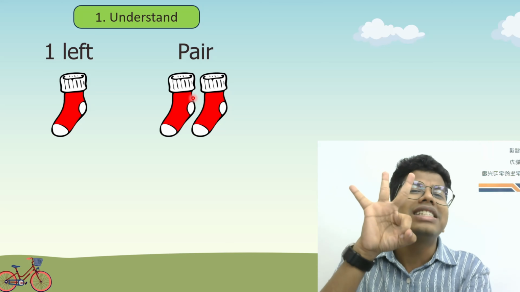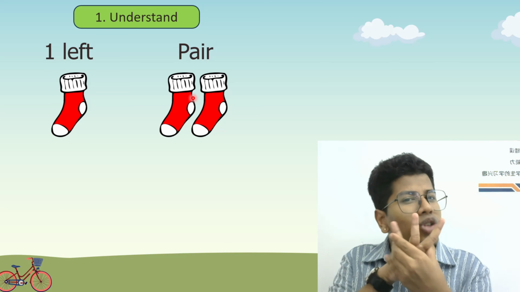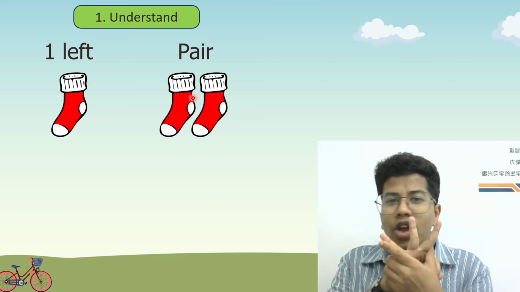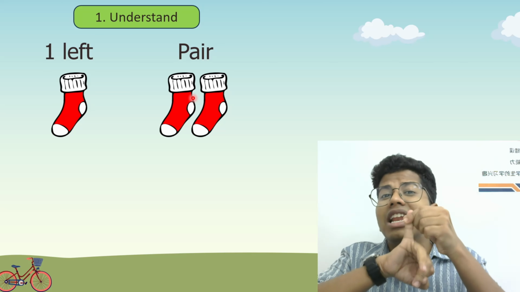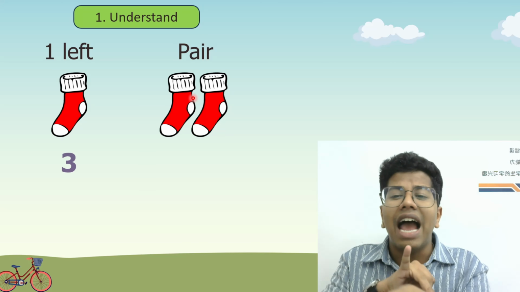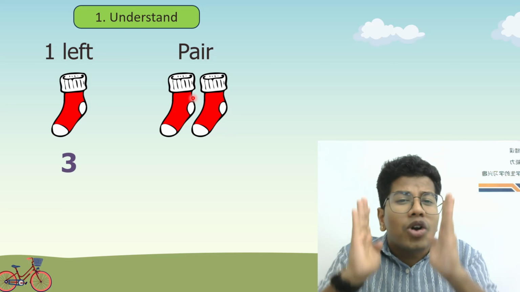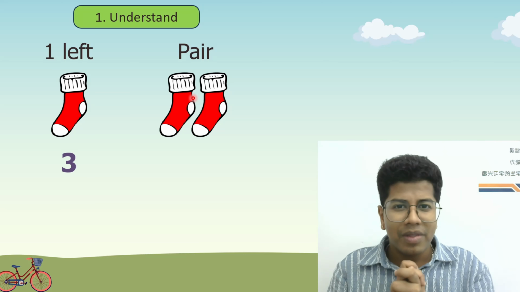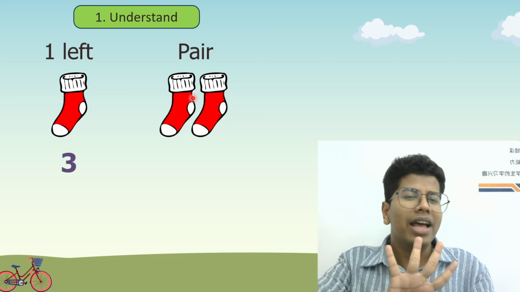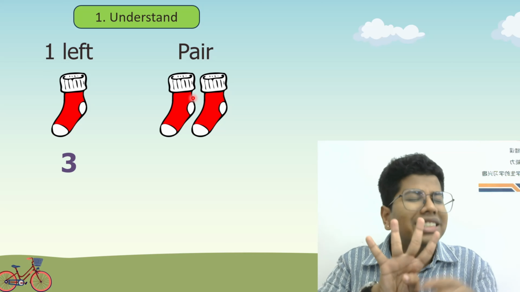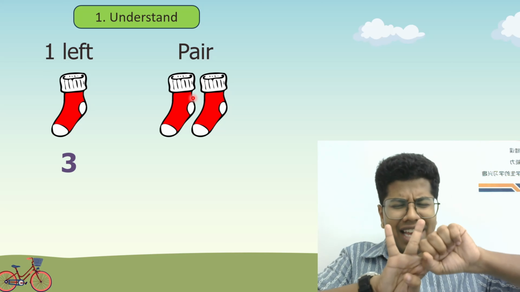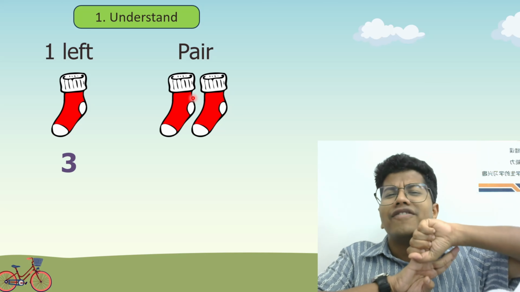Now if I have, let's say, three socks, can I form all the pair? No, if I have three socks here, two can form a pair. There will be still one left. So this 3, I will write it down in the same column as one left. Now let's say if I have 4 socks. Can I form pairs with all the 4 socks? Of course, yes, very good answer, Isaac. This 2 and this 2 can form a pair.